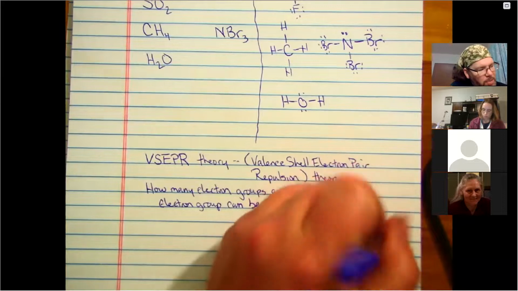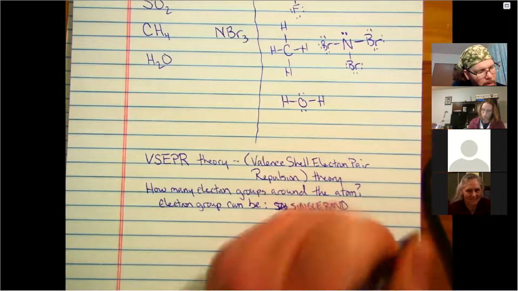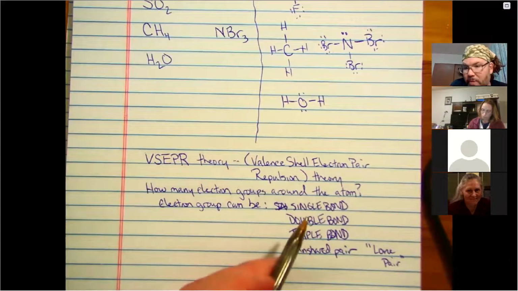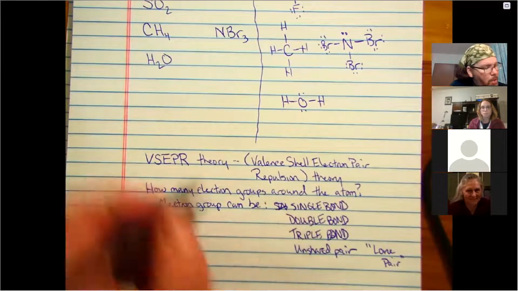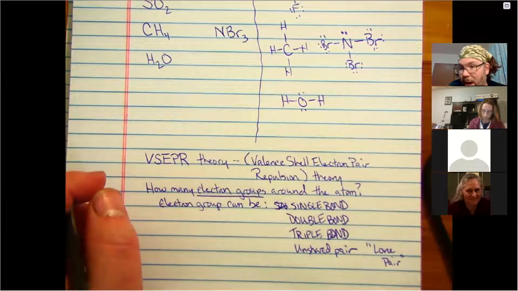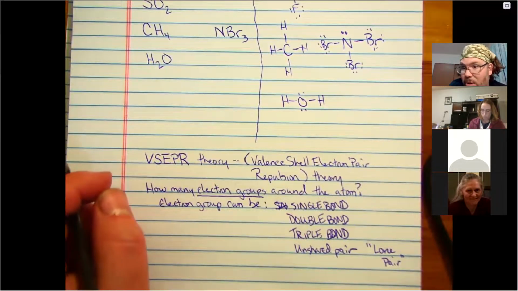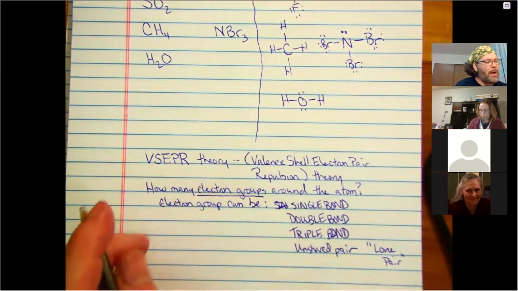We often refer to those as lone pairs. Any one of those counts as one place around a central atom where there are electrons. So we call those electron groups. And the reason it's important for us to define how many electron groups there are is that it tells us where those electron groups are likely to go around that central atom.